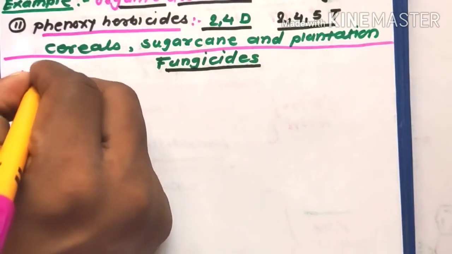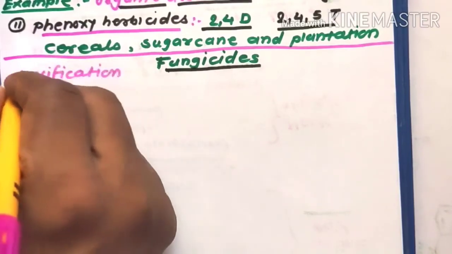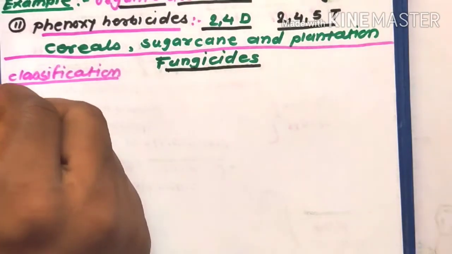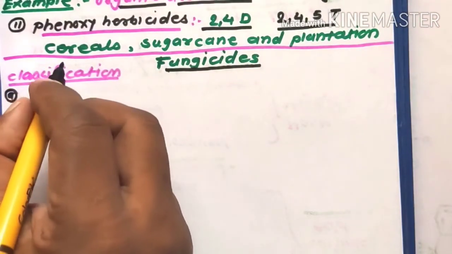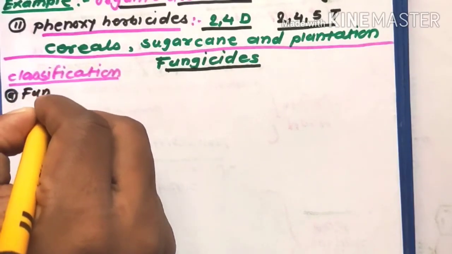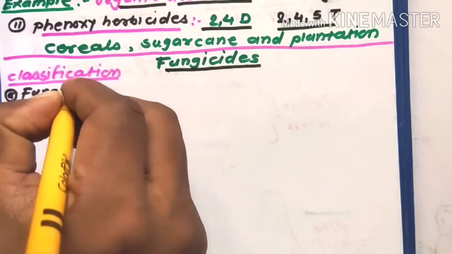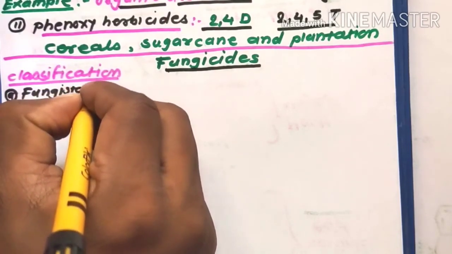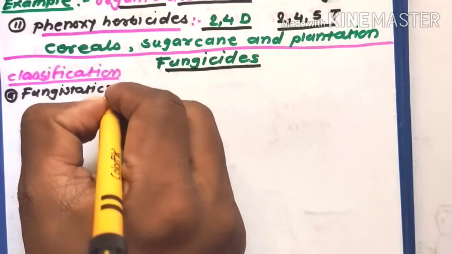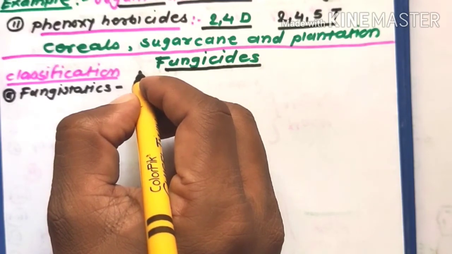Classification. The first one, fungistatics. They do not kill the fungi but inhibit the growth of fungi.